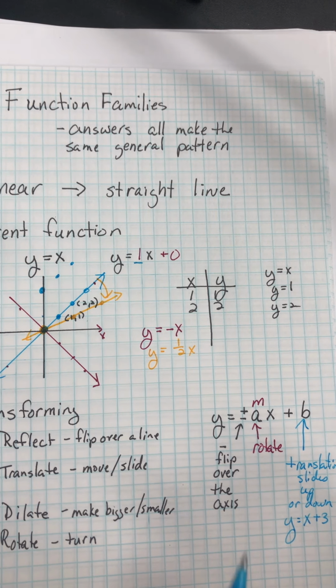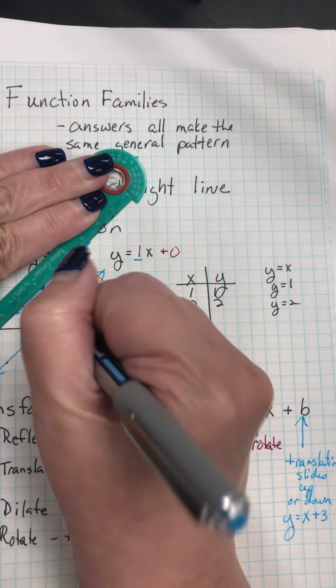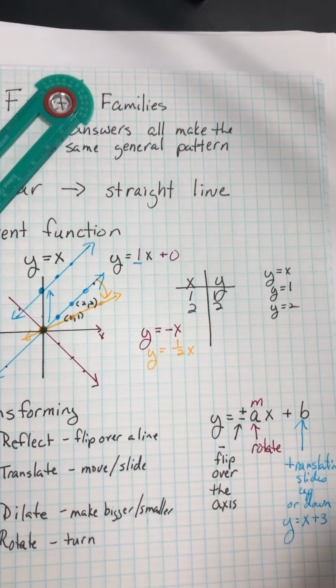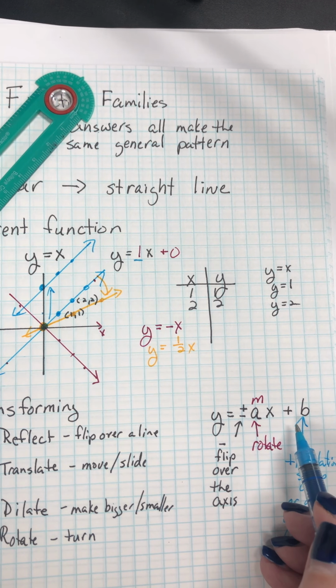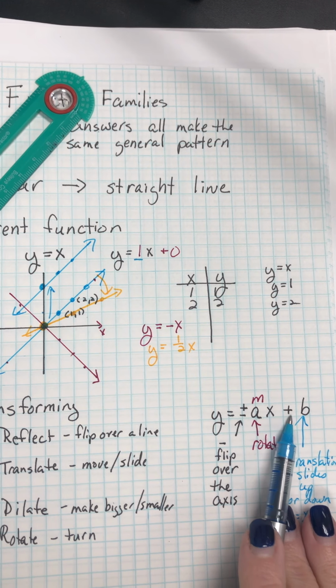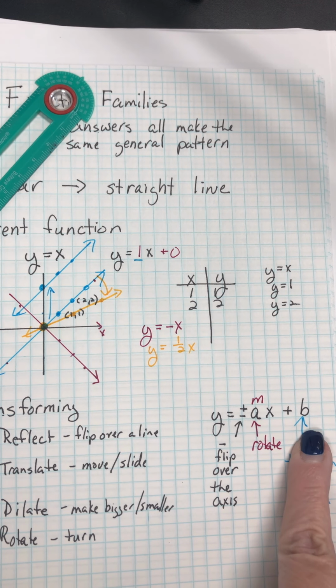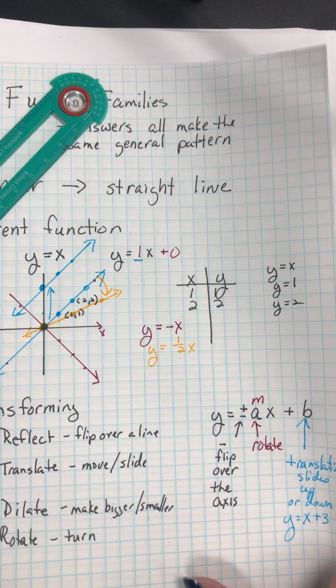So it just looks like I took our original blue line and slid it up my graph 3 units. So when you are adding, and this is going to be pretty universal for all of our equations, when you are adding something at the end, it moves it up. If you're subtracting something at the end, it's going to move it down.